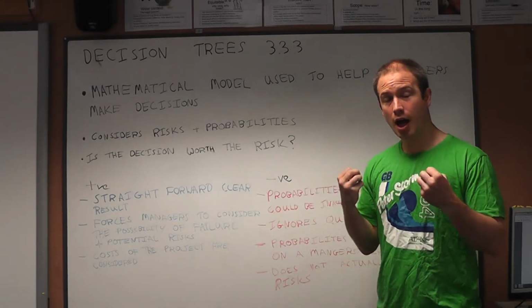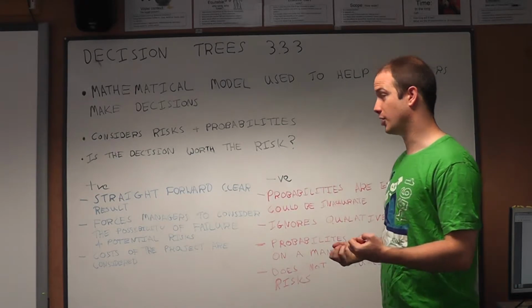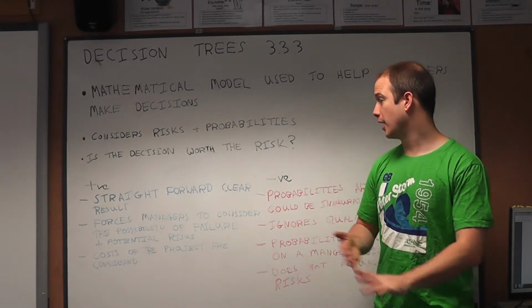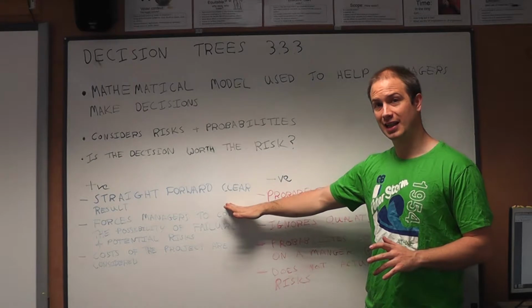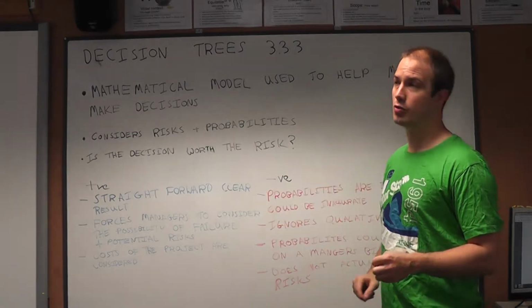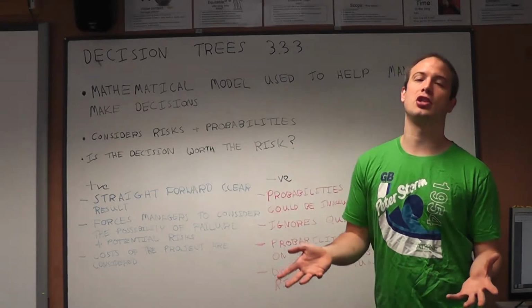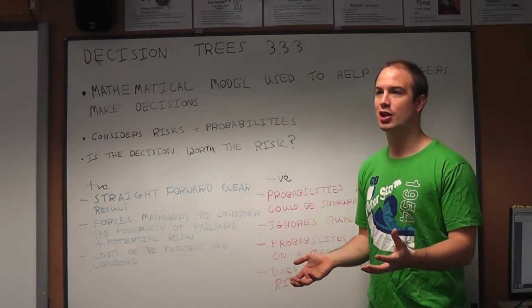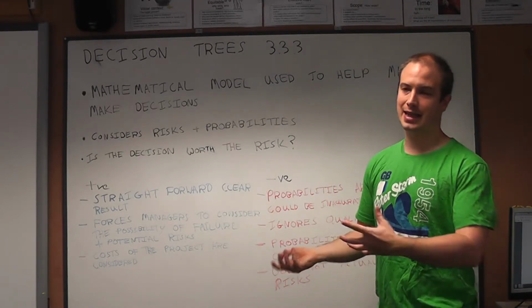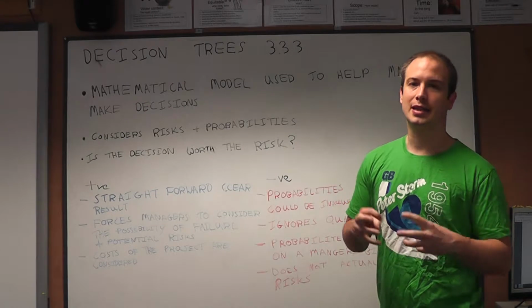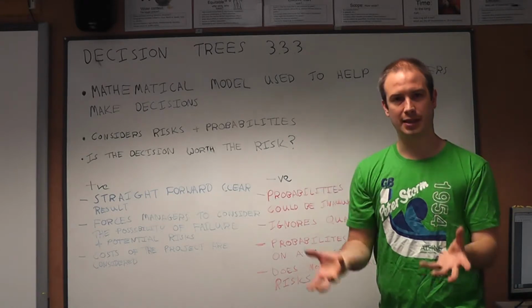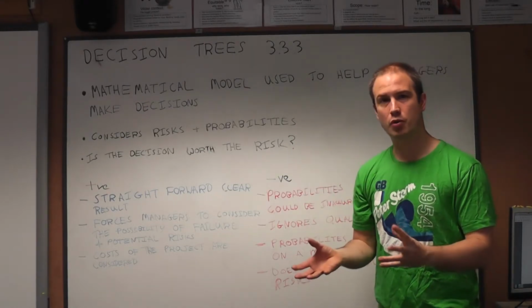So anyway, some of the positives of decision trees. It gives you a straightforward, clear result. So at the end of doing the decision tree calculations, you will have a net gain, which is essentially taking into account the probability of success and the cost of the project.